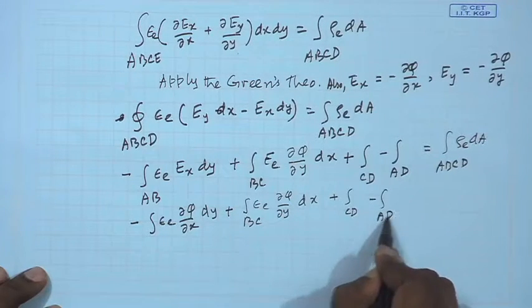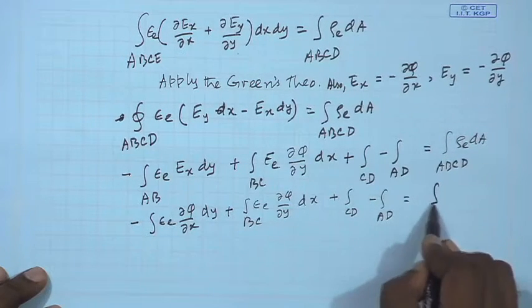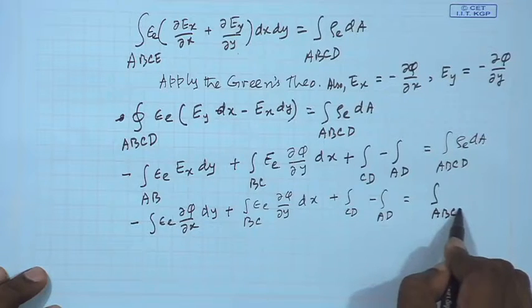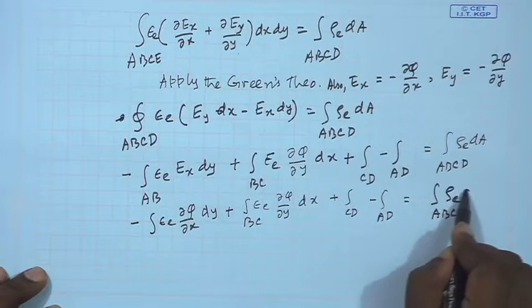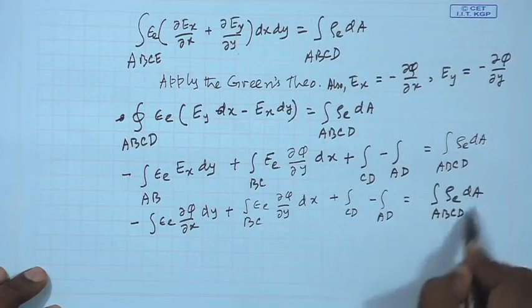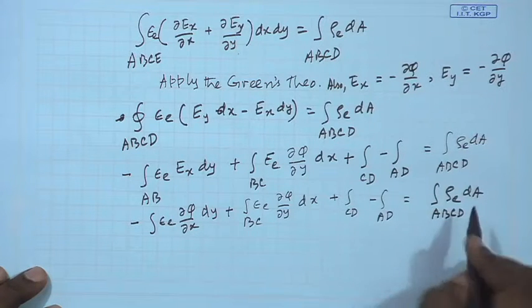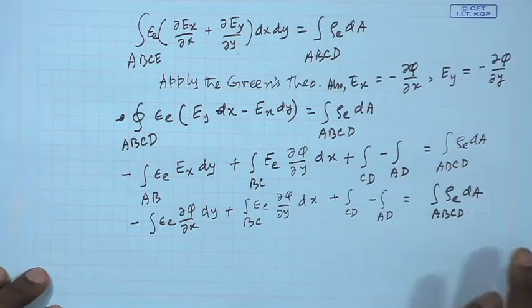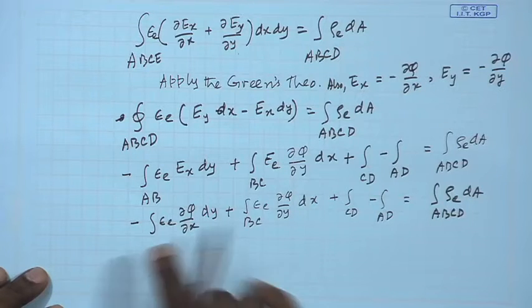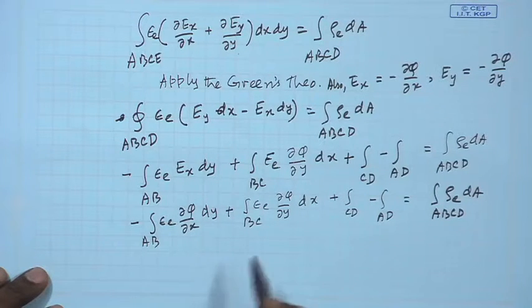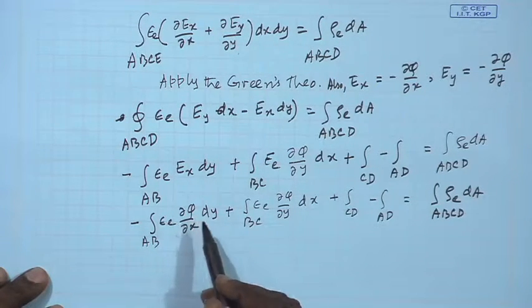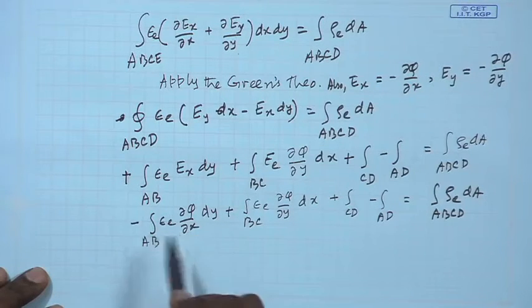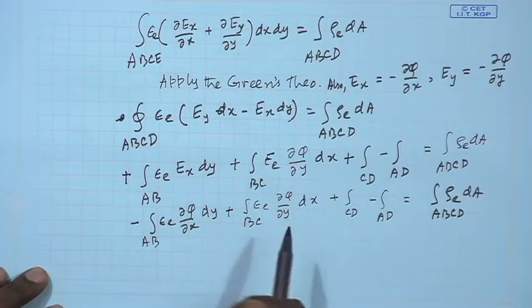Now we have taken this symmetrically, and this is the net charge density enclosed by the area ABCD. This is over AB, so possibly I should write it as plus, because this is a decreasing direction.